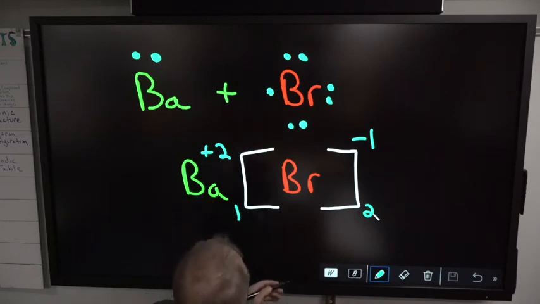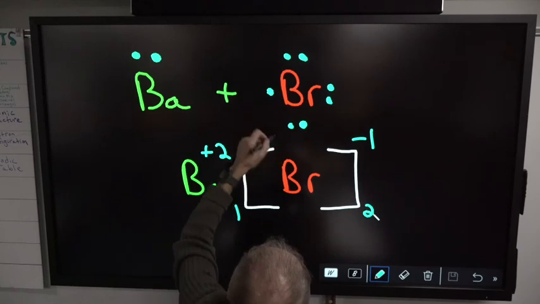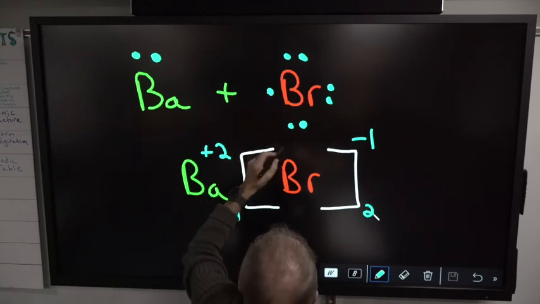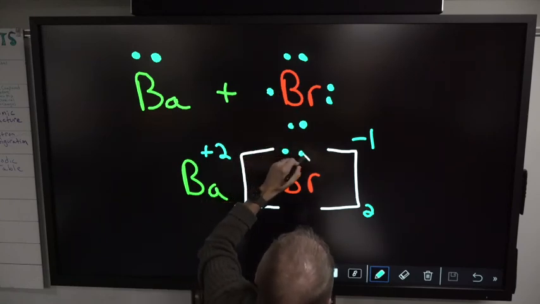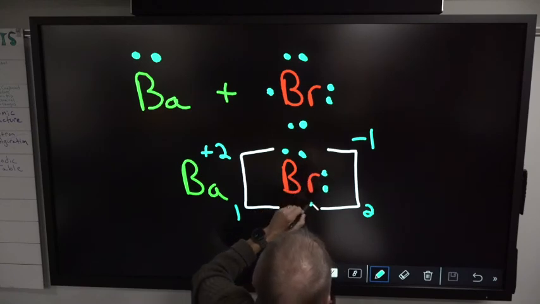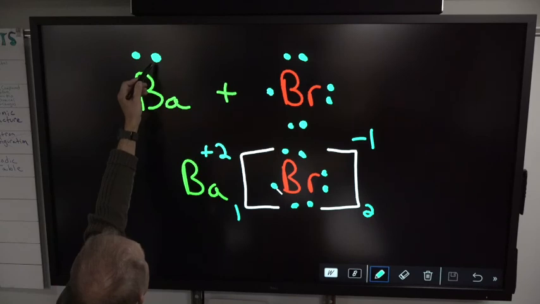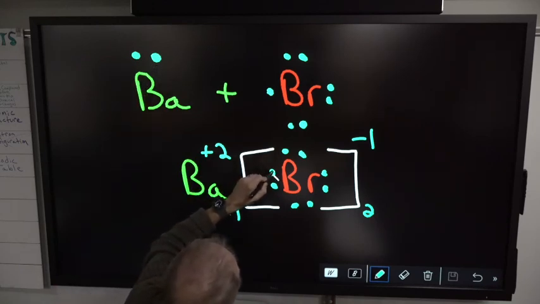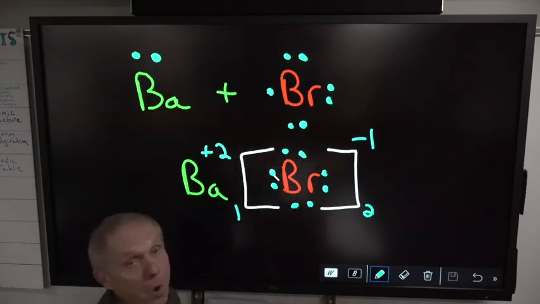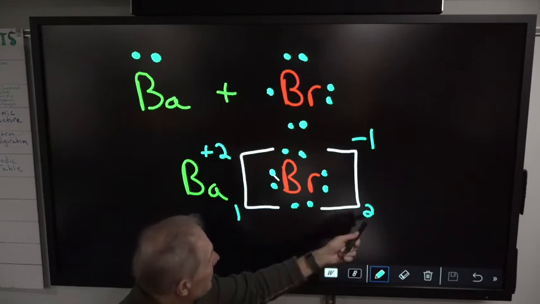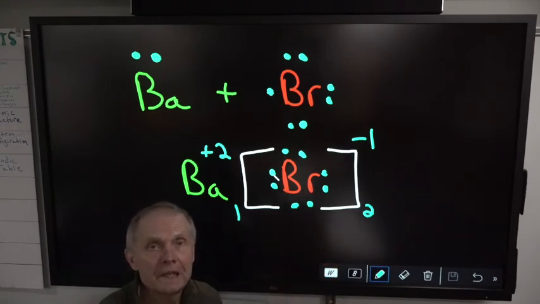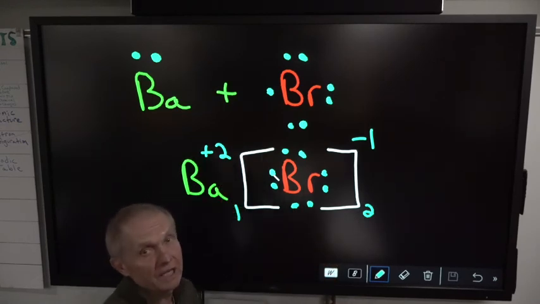So now we can put in the dots. So bromine normally has 7 around it. 1, 2, 3, 4, 5, 6, 7. But remember, we're going to steal 1 of those from barium, so it'll have a stable octet. Well, where did the other one go? Remember, there are 2 bromines. Each bromine gets 1 of those electrons.